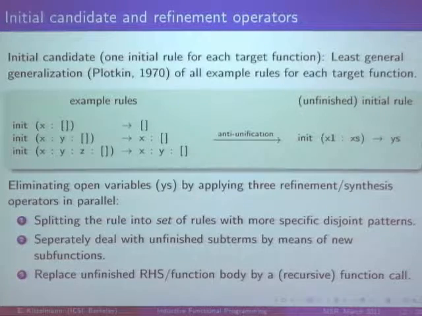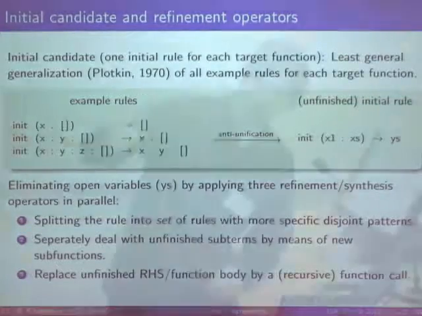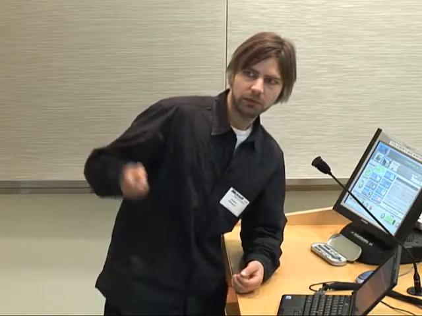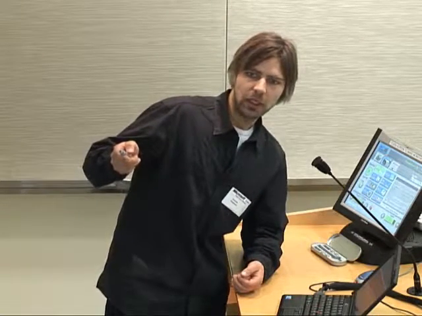Okay. So now we have an initial rule. We have just one rule that covers all examples, but which is unfinished due to this open variable here. So now we need to somehow refine this candidate and eliminate this open variable.